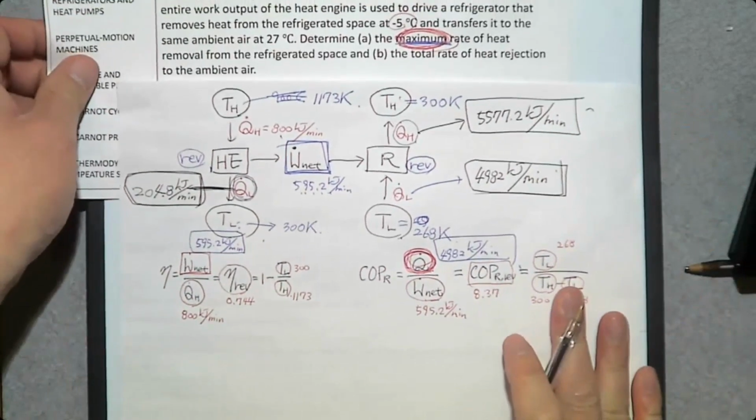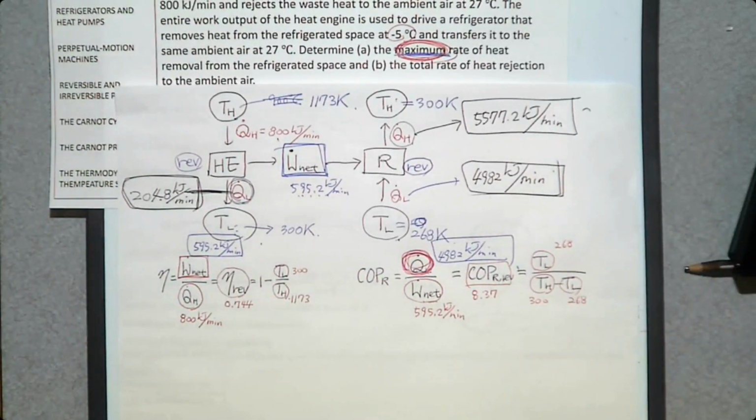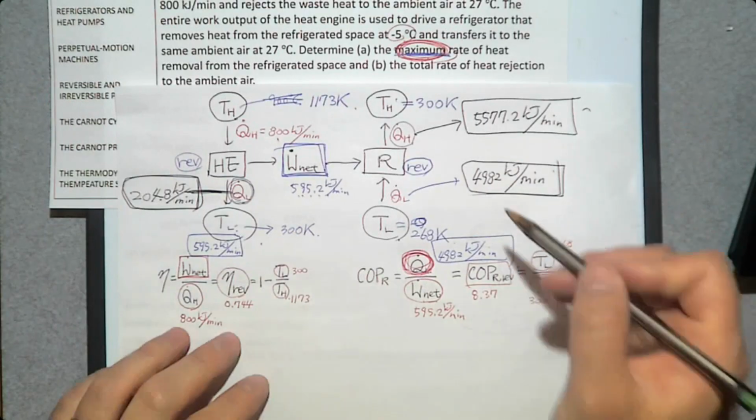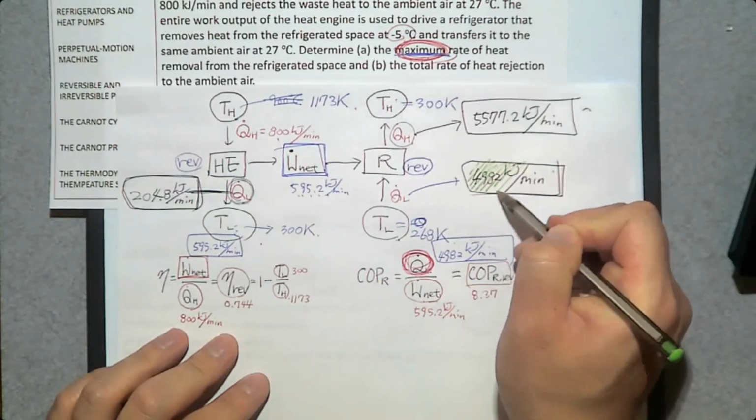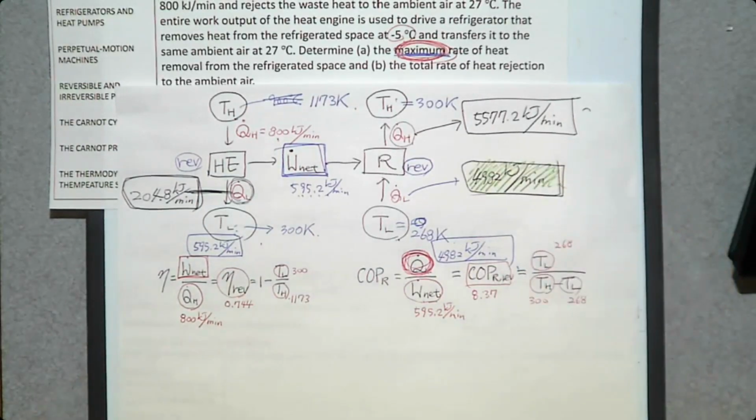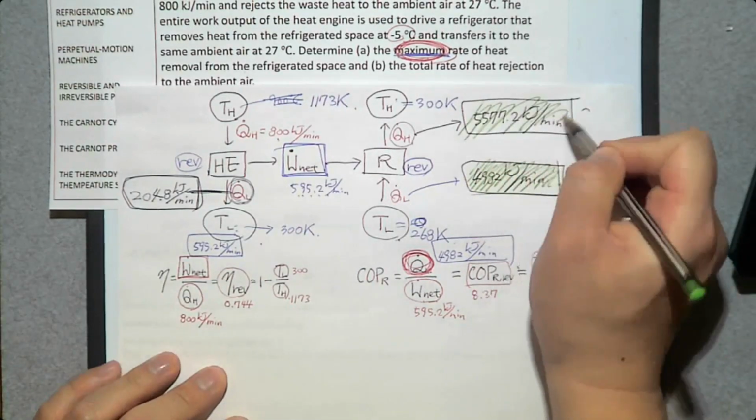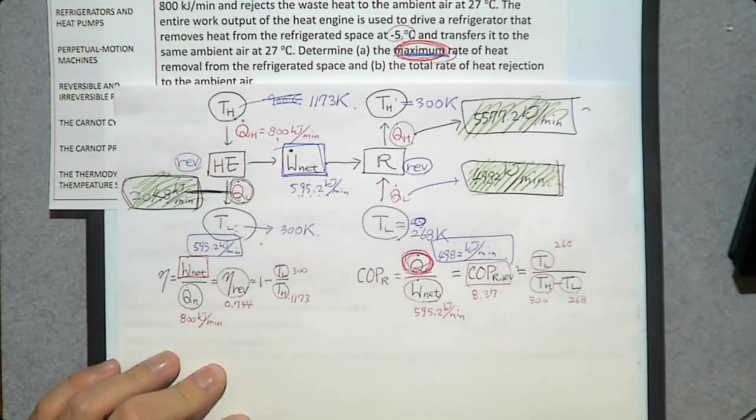So we are ready to determine everything. The maximum rate of heat removal from the refrigerated space, this one, 4982. The total rate of heat rejection to the ambient air, this one plus this one. That's how you solve this problem.